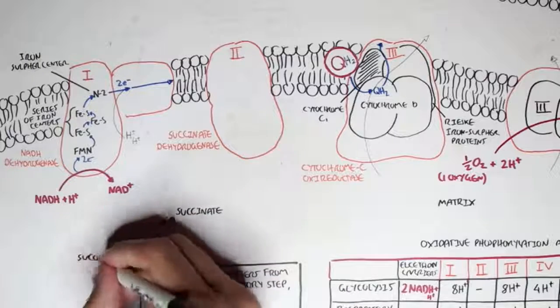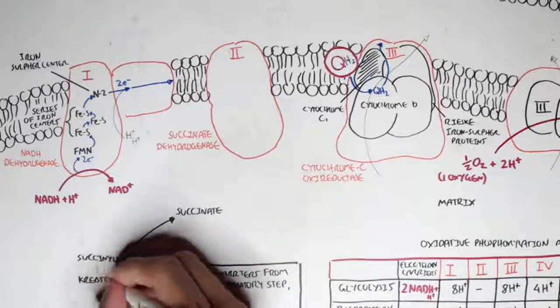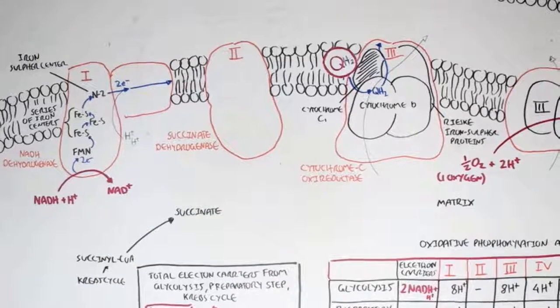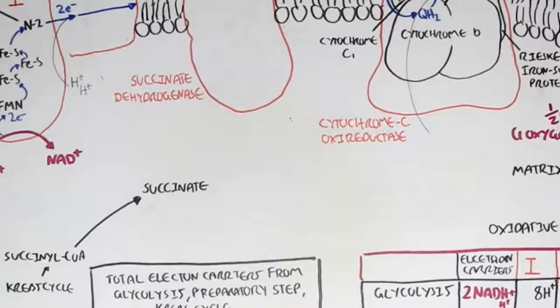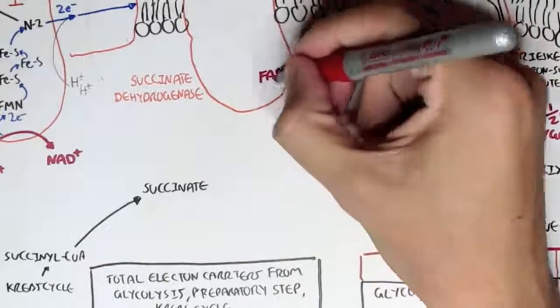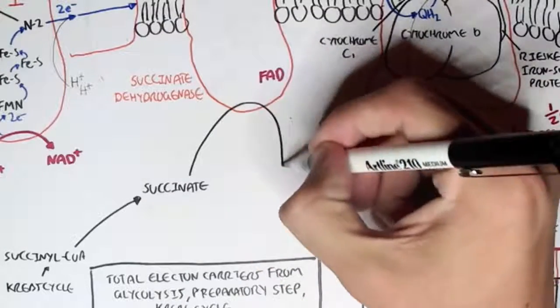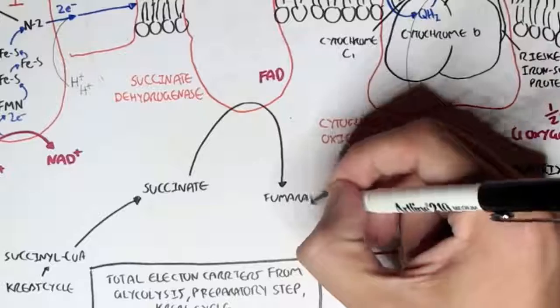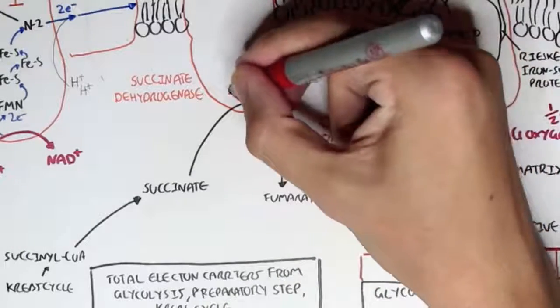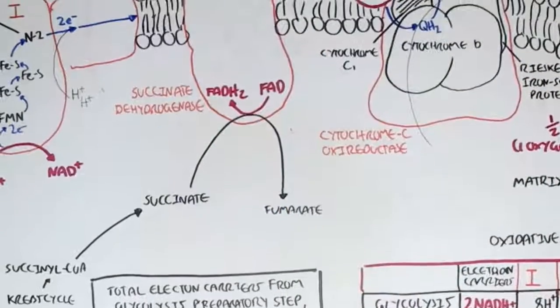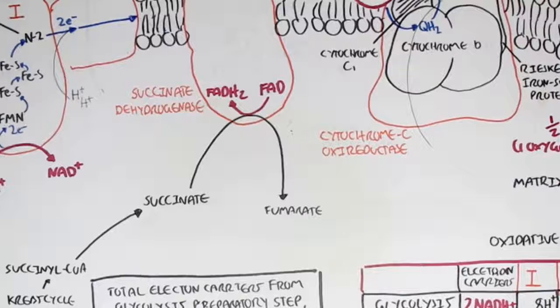So where does FADH2 come from? If you remember from the Krebs cycle, the conversion from succinate to fumarate requires the enzyme succinate dehydrogenase, which is our complex 2. Through this conversion, FAD, which is part of complex 2, will be reduced to FADH2. And FADH2 is what provides the electrons to be transported through the electron transport chain.